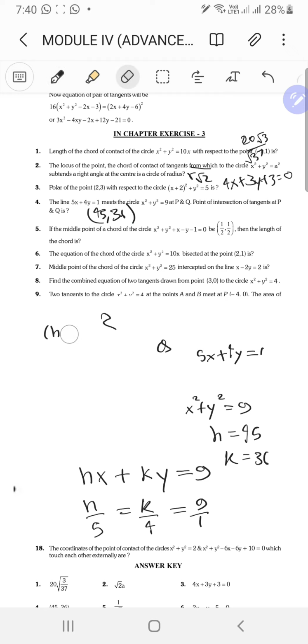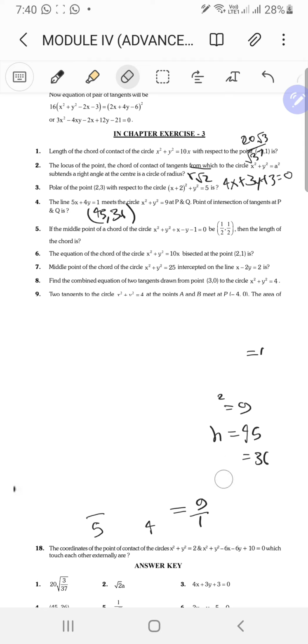Next question. If the middle point of the chord of the circle x squared plus y squared plus x minus y minus 1 equal to 0 be 1 upon 2 and 1 upon 2, then the length of the chord is. So we just need to find the radius and the center, and that will be it.